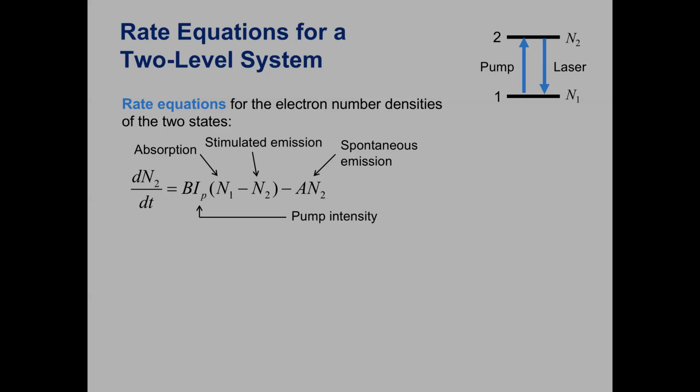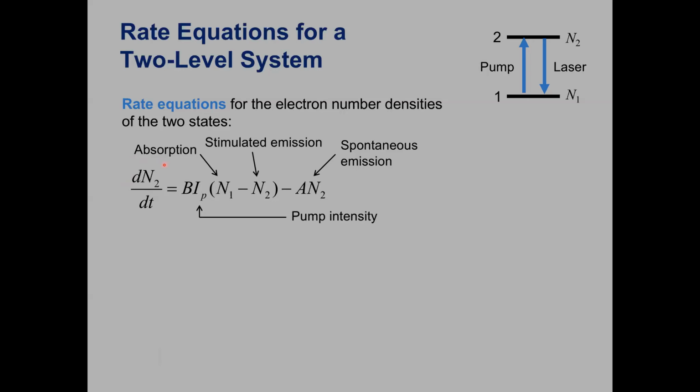So we're going to look at this problem a little bit more in depth now. We want to figure out how the populations of these, or the number of atoms or molecules in the different energy levels, are changing with time. So for instance, we could look at the rate of change of the number of atoms in the higher energy level, dN2/dt.